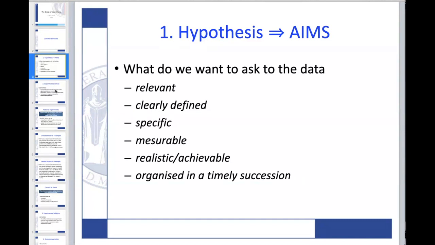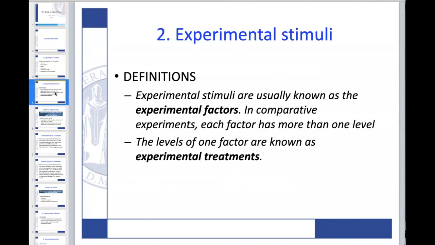When the questions are clear, we allocate, we impose, we decide the experimental stimuli. So we need a definition here. What is an experimental stimulus? Experimental stimuli are usually known as the experimental factors.